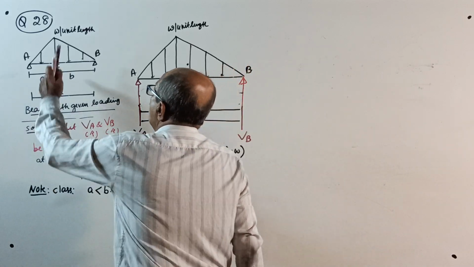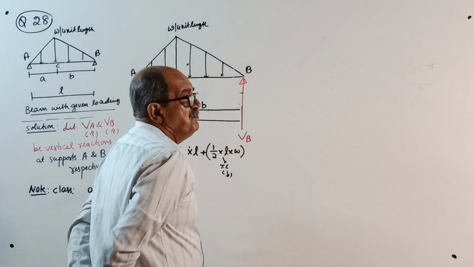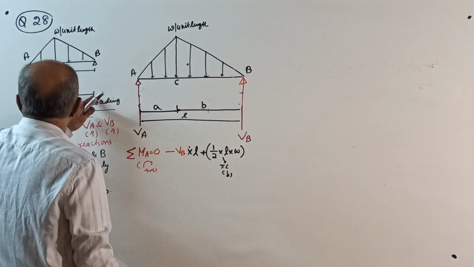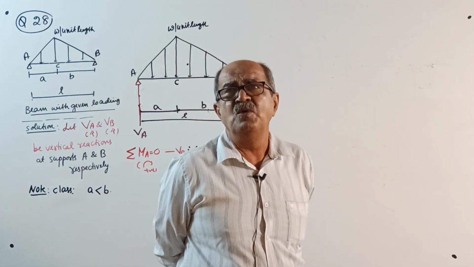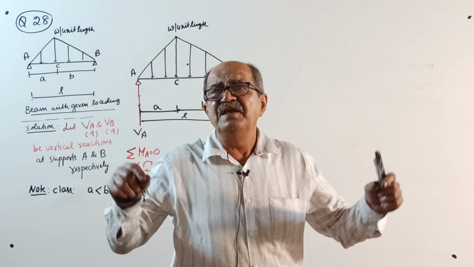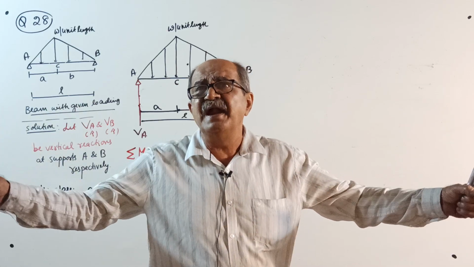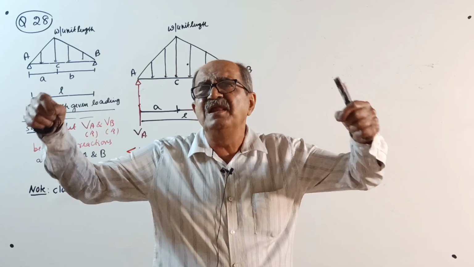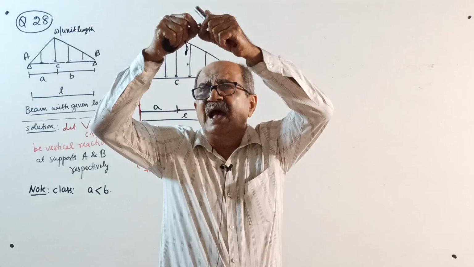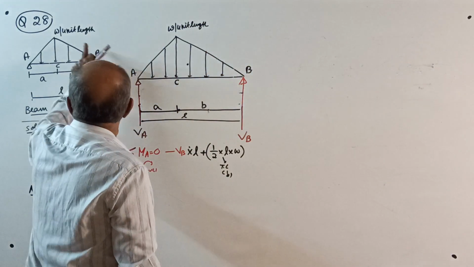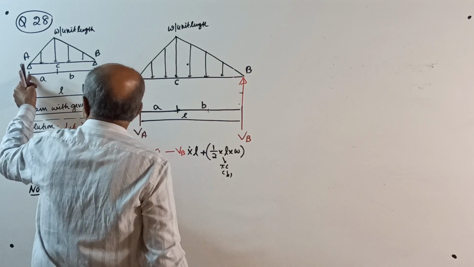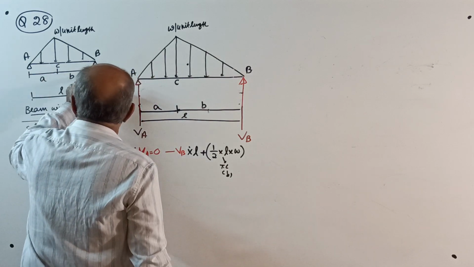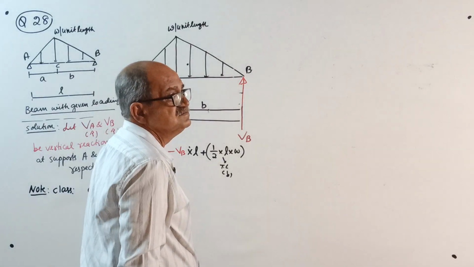Now, question. A simply supported beam of span L is loaded by a uniformly varying load of intensity 0 at both ends, which linearly increases to a maximum of W per unit length at a distance of small a from the left end or small b from the right end.